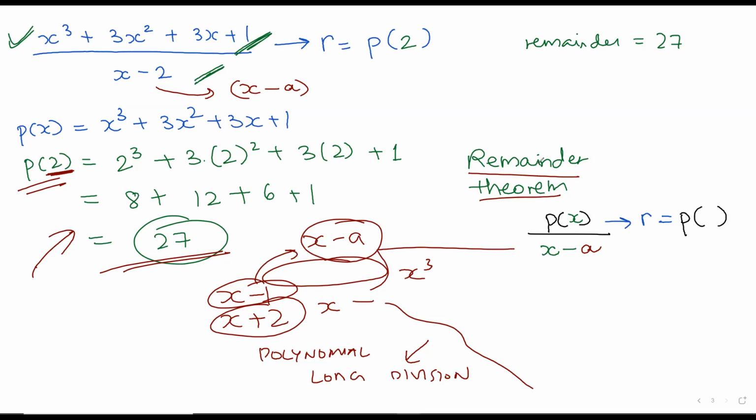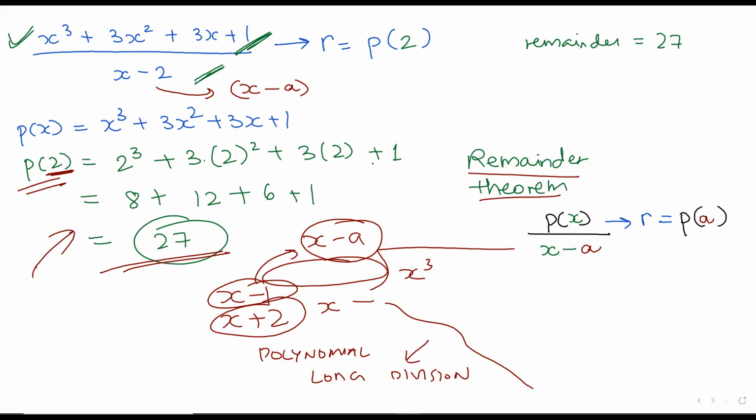So the remainder is going to be p of a. Once again, the remainder theorem says that if you have a polynomial p of x and you are dividing it with x minus a, then the remainder in that division will be p of a. Is it clear, Hamna, Mridula? Just confirm. Yes, ma'am.